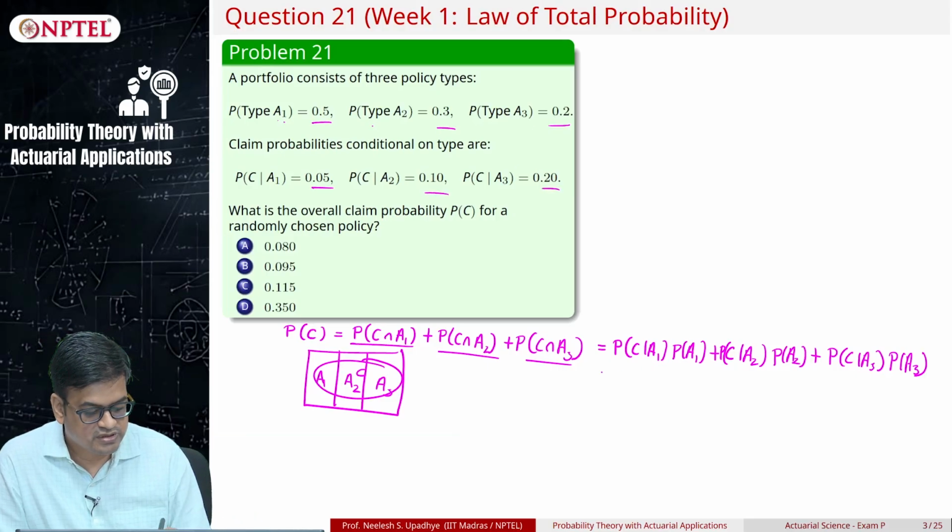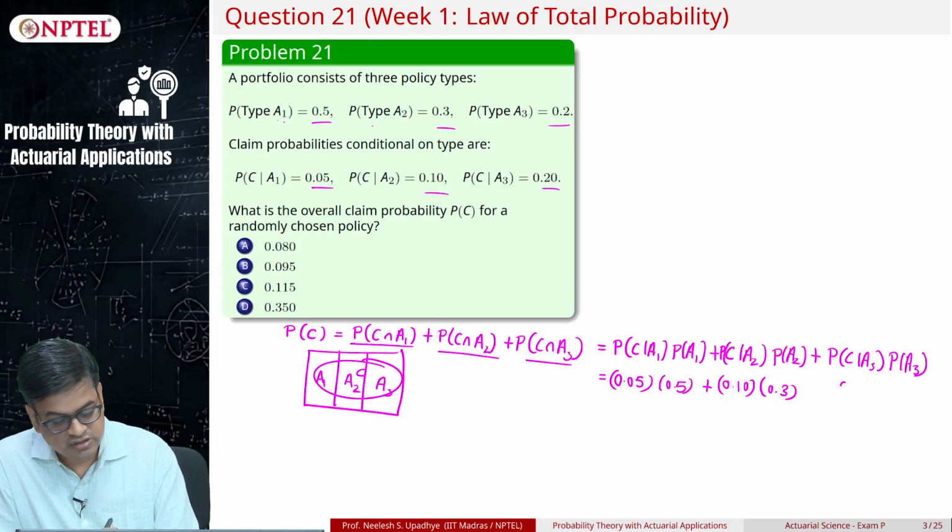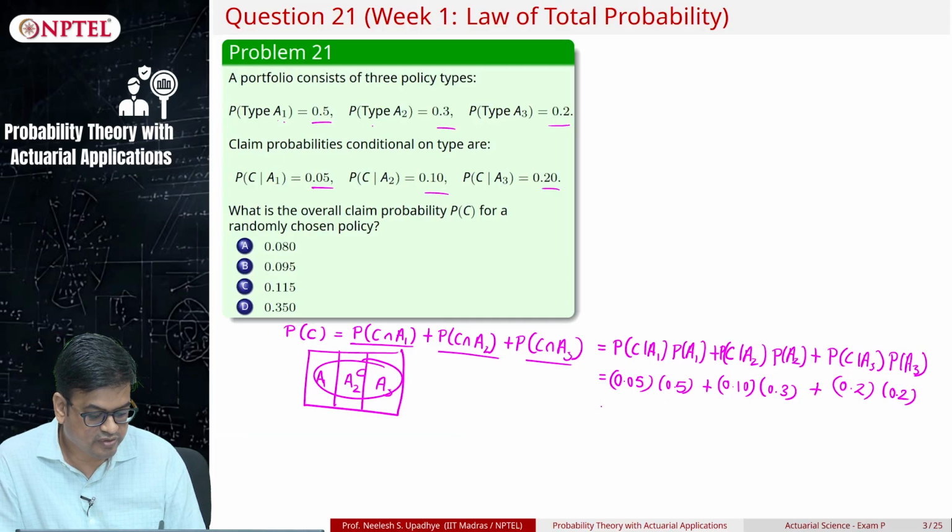So, let us substitute. C given A1 is 0.05 into 0.5, the probability of A1, plus C given A2 is 0.1 into 0.3, and the third one is 0.2 into 0.2. The numbers are quite interesting. This is 5 by 100, this is 5 by 10, so it is 25 by 1000.